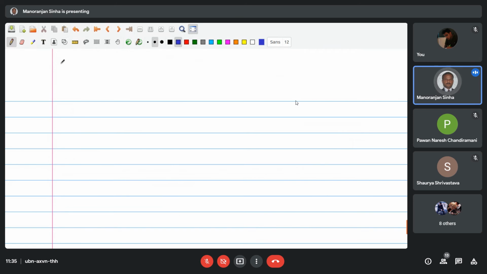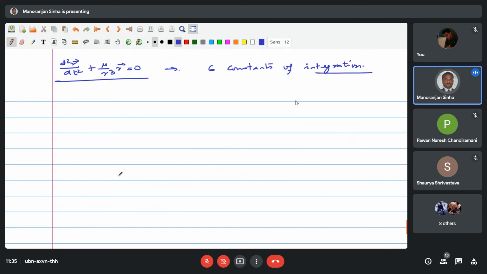So this equation, d square r by dt square plus mu by r cube r equal to 0, also involves 6 constants of integration. And out of these 6 constants of integration, we need to identify them.